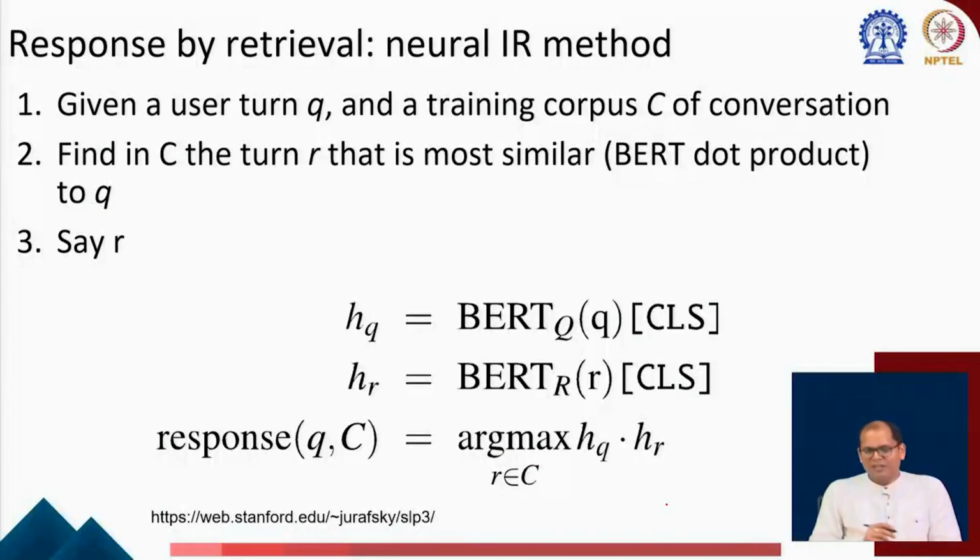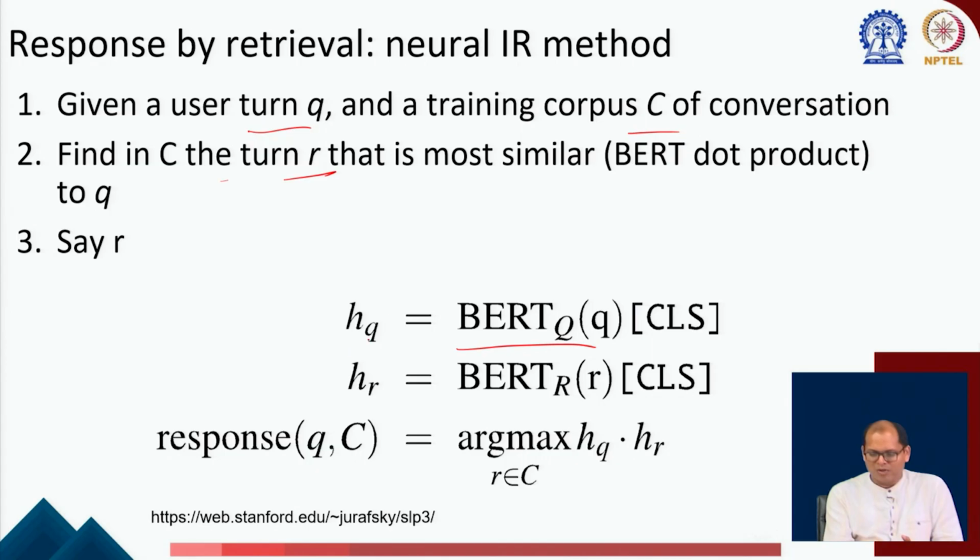Okay. So now let's talk about the methods. We talked about retrieval methods, which are very similar to what we saw in the question answering setup. Let's say you have a user turn query, and a training corpus of conversations. You want to find the turn that was most similar to the query. So you can use the bi-encoder setup.